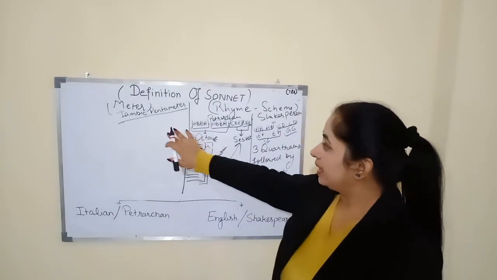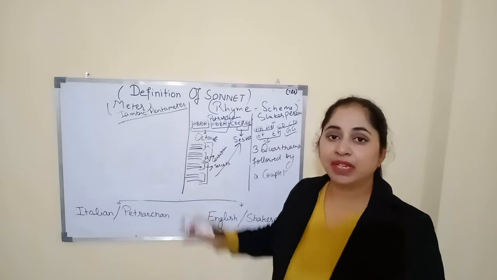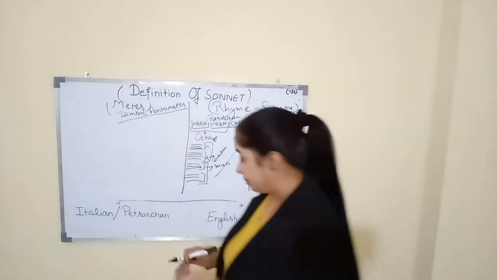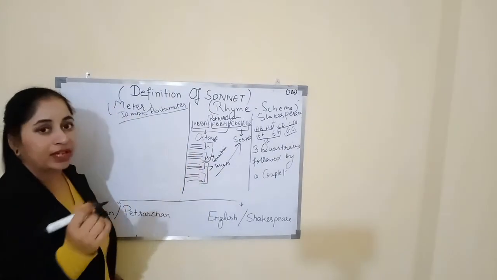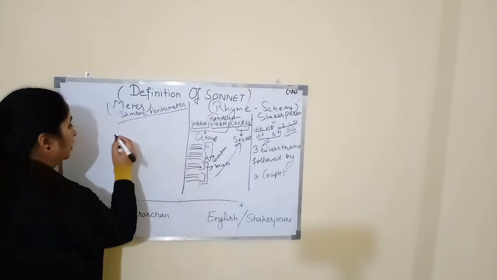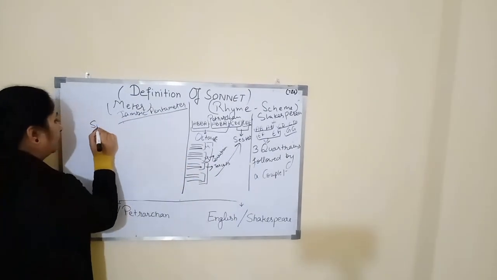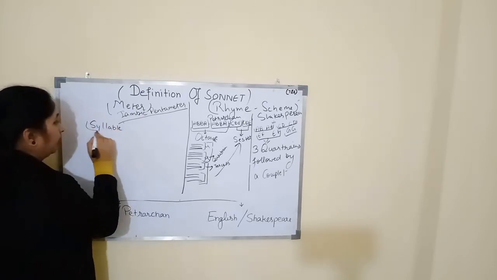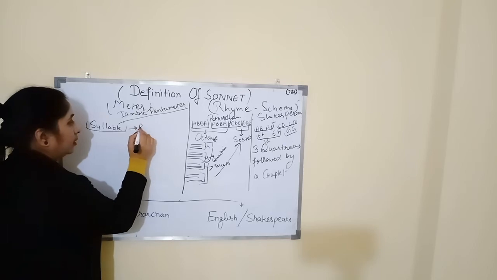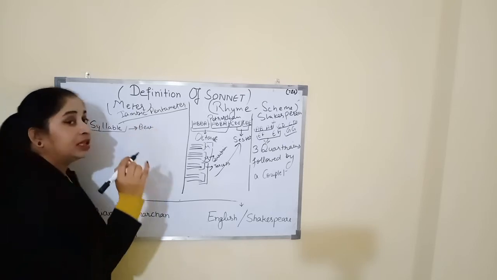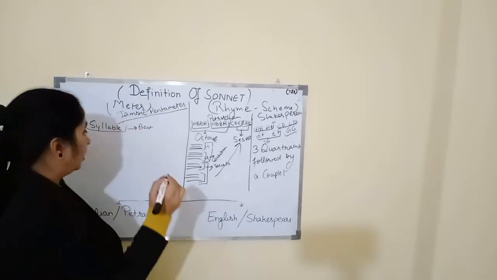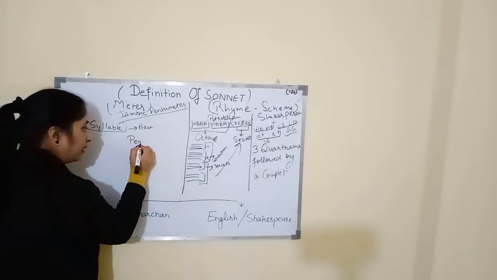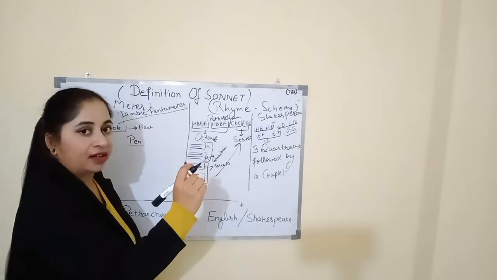Now, let's talk about what the iambic pentameter is. Okay, so let me connect you with this. First of all, what is a syllable? A beat. Okay. There is a word pen. This pen, one beat.